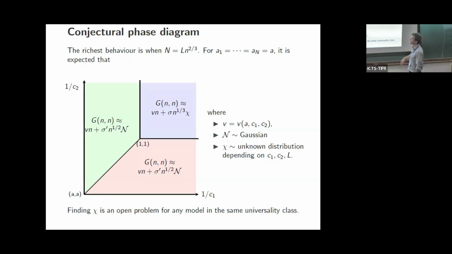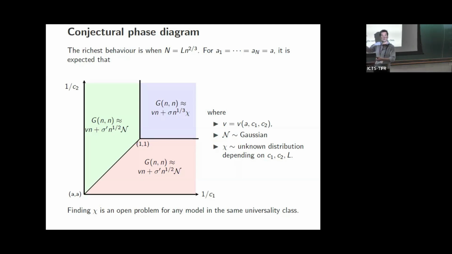And then I look at last passage time G and N. Depending on the values of the boundary parameters C1 and C2, for some values, the geodesic path, the path that maximizes the sum of the weights, will be close to the left boundary. In this region, it will be very close to the left boundary.